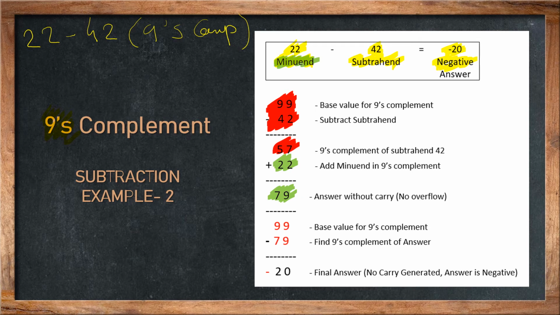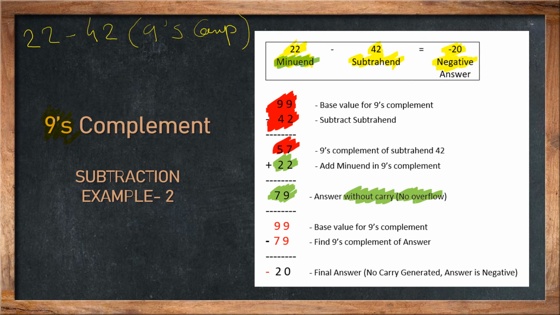We have performed the operation on 2 digits and we got the answer in 2 digits, which means there is no bit overflow and we don't have any carry. So my answer is without carry. And if there is no carry, in that case you have to perform one more step, and that step says again find the 9's complement for this answer.